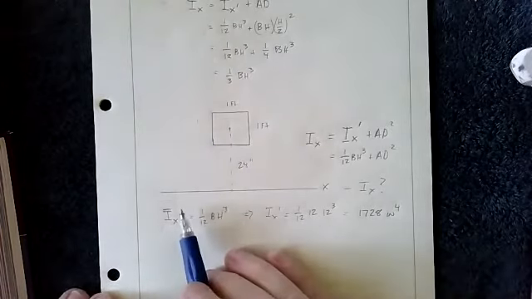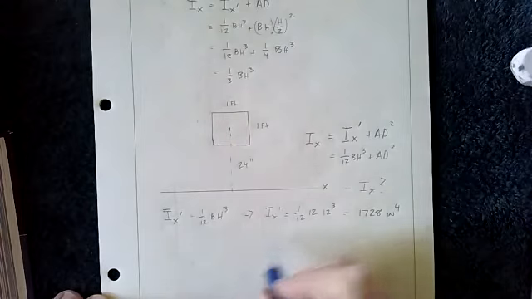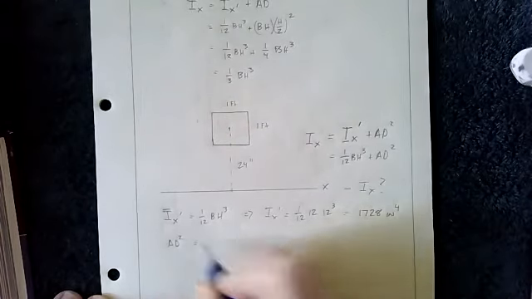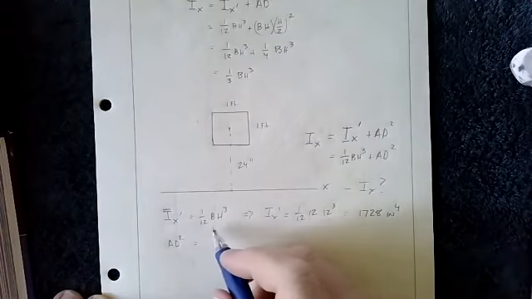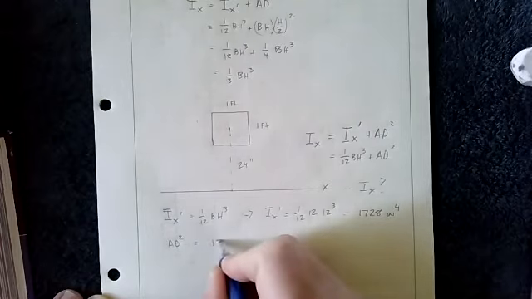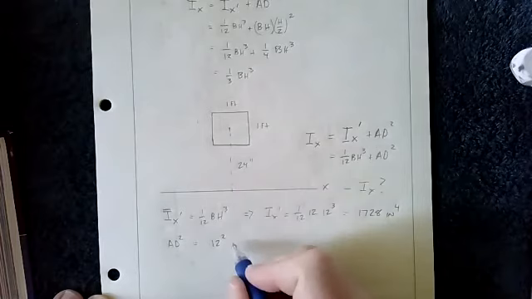Now let's look at what is the effect of having it moved away 24 inches. So we also have this AD squared term, which we know is going to be area. So area is 12 by 12, so 12 squared, and then times d squared, so 24 squared.